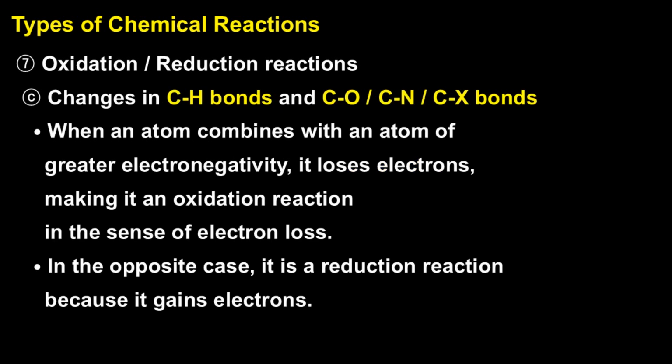One way to figure out whether a reaction involves oxidation or reduction is by looking at how the bonds change. When a carbon atom forms a new bond with something more electronegative, like oxygen, nitrogen, or a halogen, it loses electron density. That means it's being oxidized. On the flip side, if that same carbon forms more CH bonds, it's gaining electrons, and that counts as reduction.